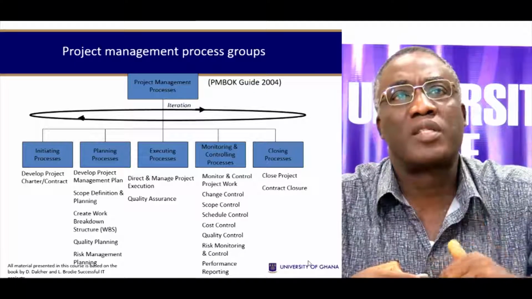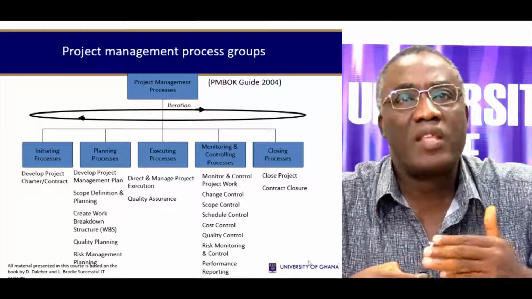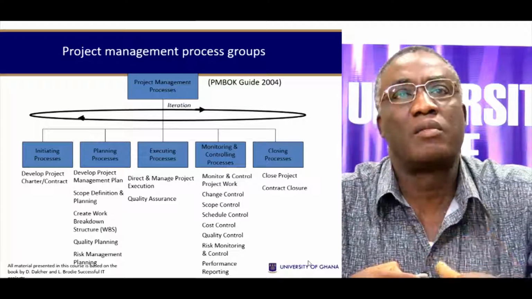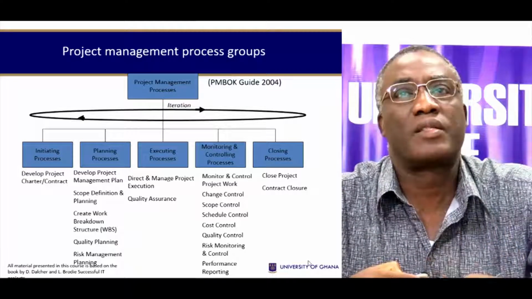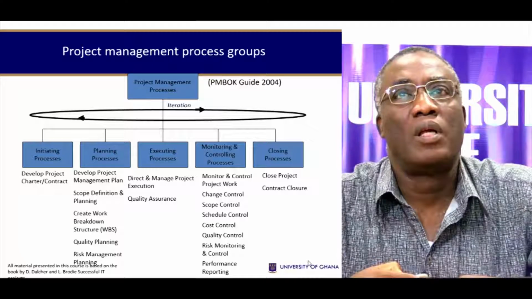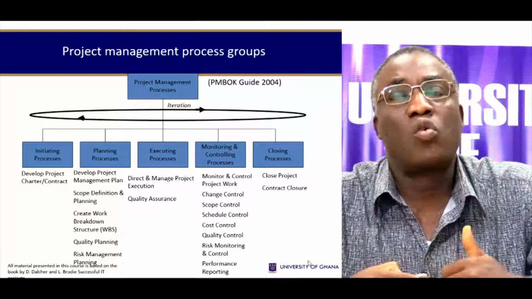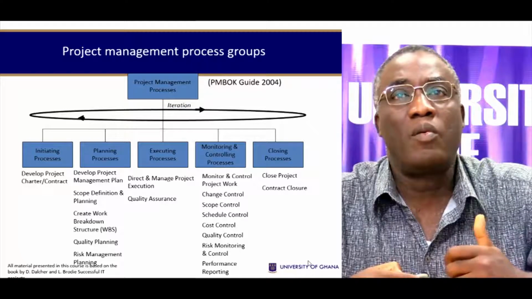In the executing processes, you need to direct and manage the project execution as well as the quality assurance. In the monitoring and control processes, there are a number of things.